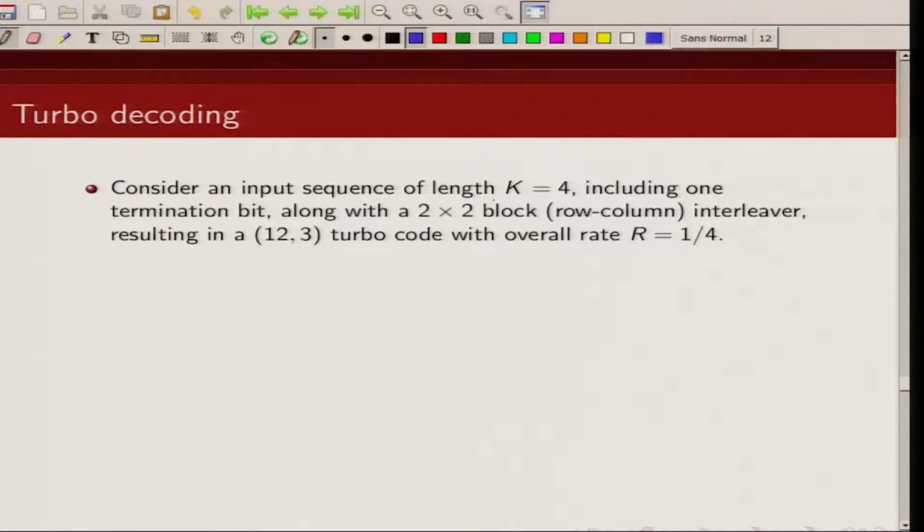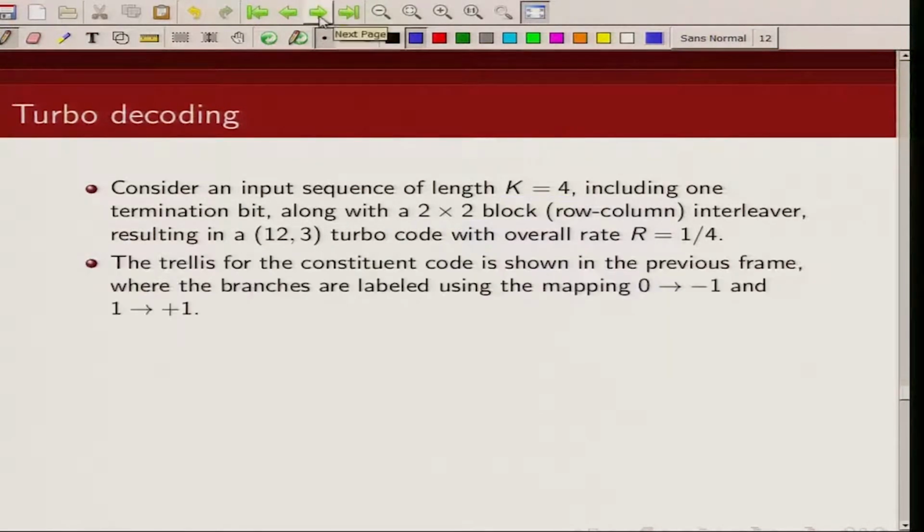Consider an information bit length of 4, and let us say I am doing block interleaving. So, I am feeding the data blockwise and reading it column-wise. As I said, I am mapping 0 to -1 and 1 to +1.